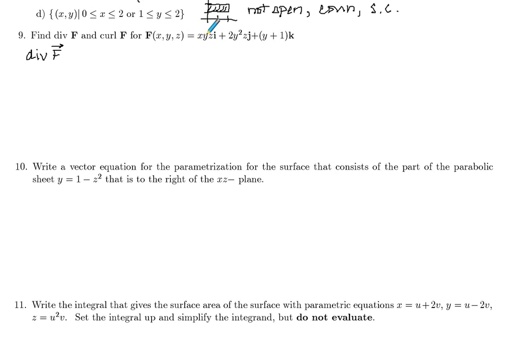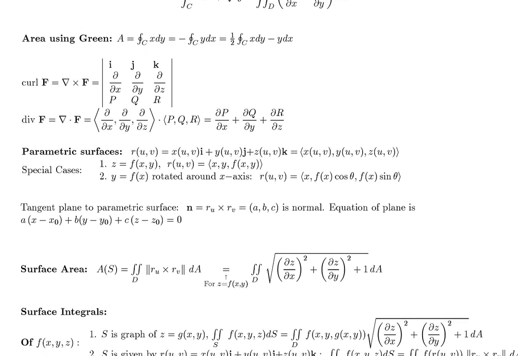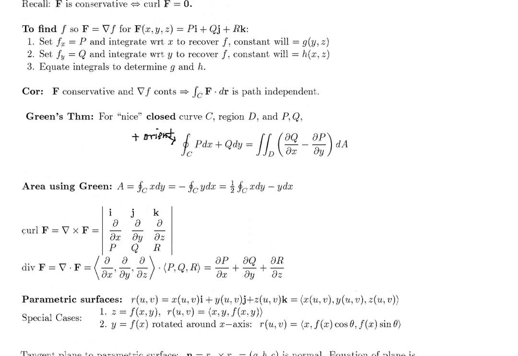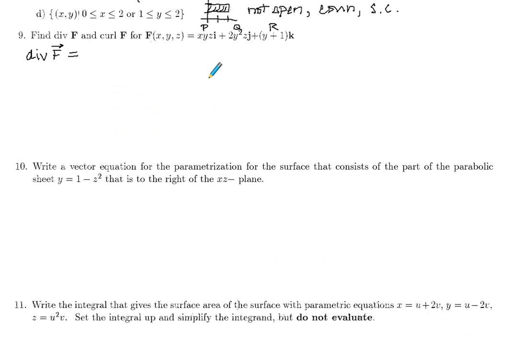So you take the x derivative of P, and here's our Q, and here's our R. Divergence is del dot f. So x derivative of P, y derivative of Q, and z derivative of R. dP dx, dQ dy, dR dz.